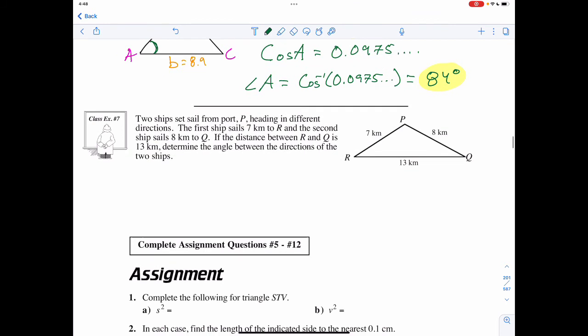All right, and for the last example, 2 ships set sail from port P heading in different directions. The first ship sails 7 kilometers to R, and the second sails 8 kilometers to Q. If the distance between Q and R is 13 kilometers, determine the angle between the directions of the 2 ships.